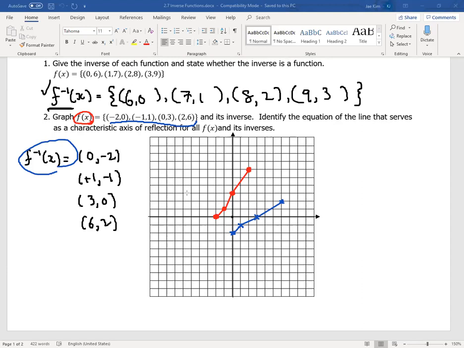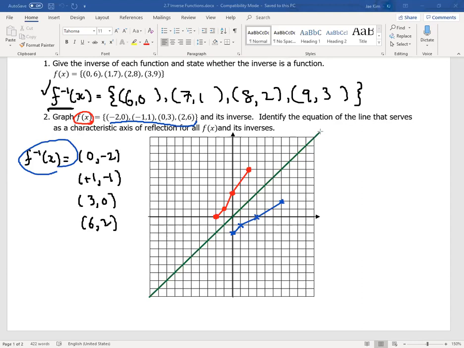Where is the mirror? I know what you're trying to say, but oh, oops, I ran out of space.